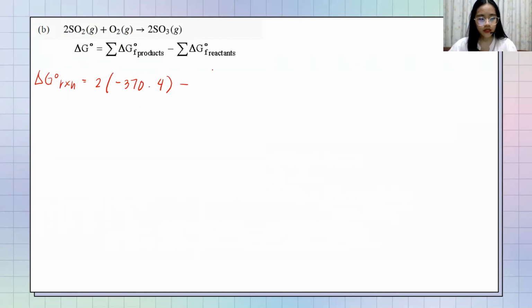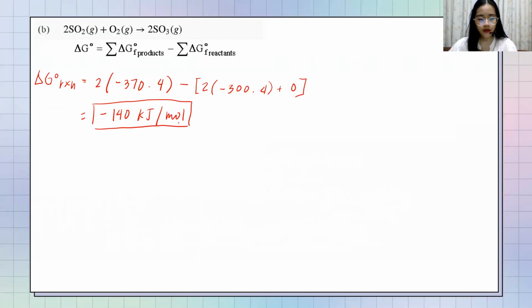So sulfur dioxide has a free energy of negative 300.4 and oxygen has 0. So we calculate this and we get negative 140 kilojoules per mole. So this is the standard state free energy of the reaction.